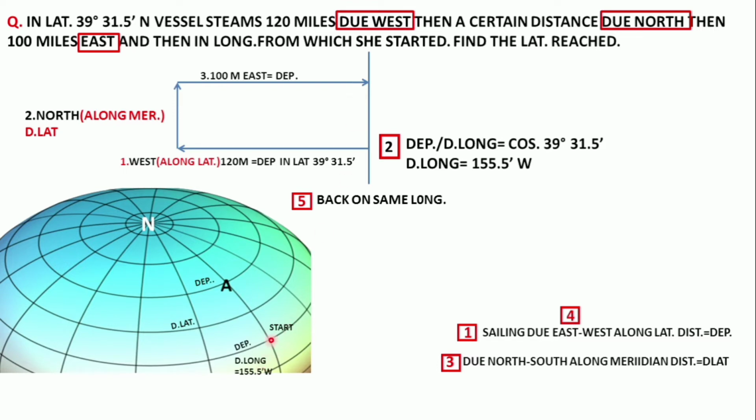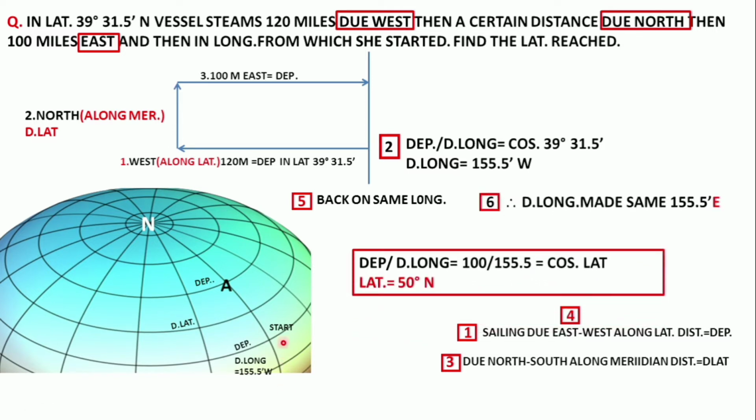Started from here, went like this, and came back to this. So what does this mean? That the D long made here is the same as the D long made here. So we know the D long, we know the departure, we can find out the latitude reached.